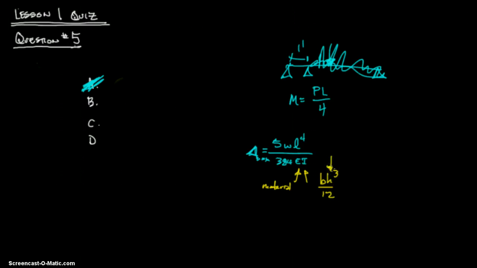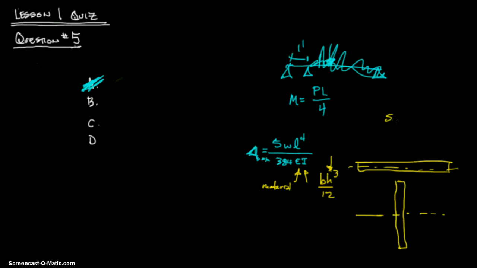You're taking the depth to the exponent of 3, meaning if you have a big depth, you're going to have a huge I. Now if you have a big width, you will have very little I as compared to the same amount of concrete, put this way. That should make sense to you, because you can look in the steelbook at IXX versus IYY.